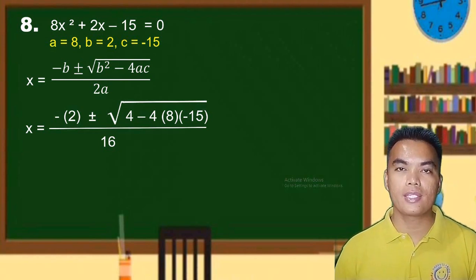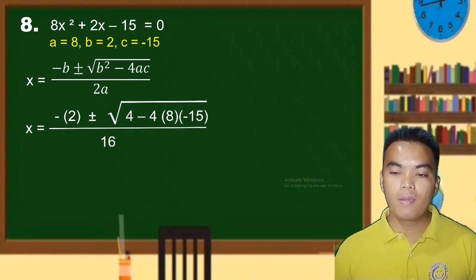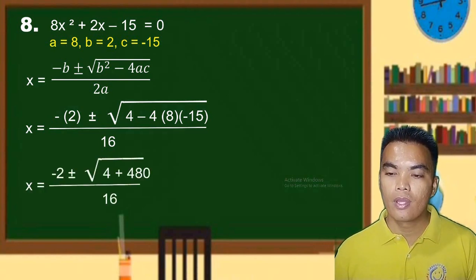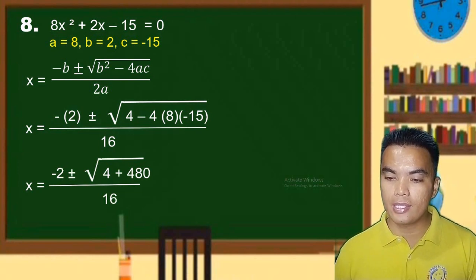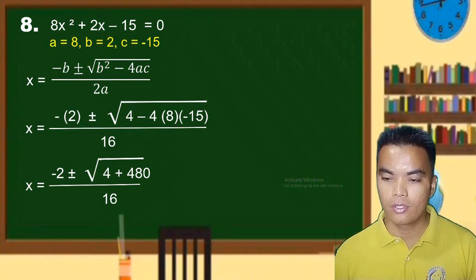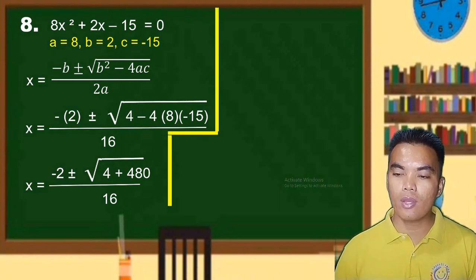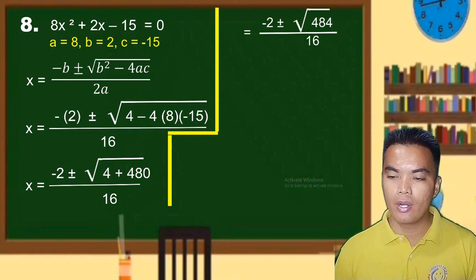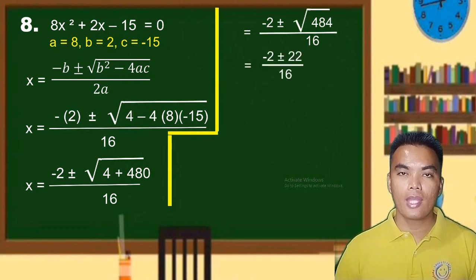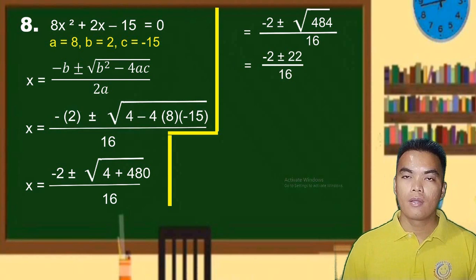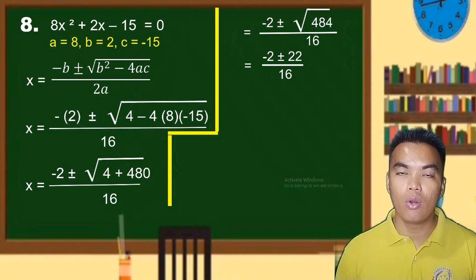So we have x = (-2 ± √(4 + 480)) / 16, since -4 times 8 times -15 is 480. So that is equal to (-2 ± √484) / 16, and that is equal to (-2 ± 22) / 16.